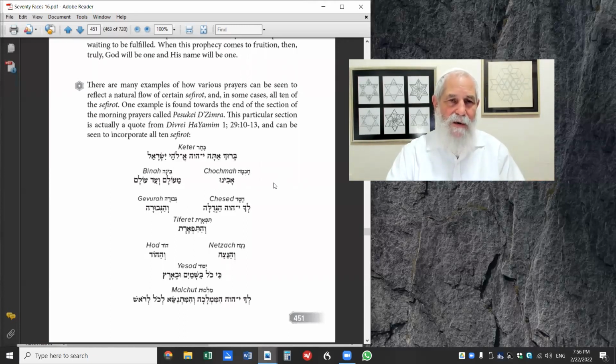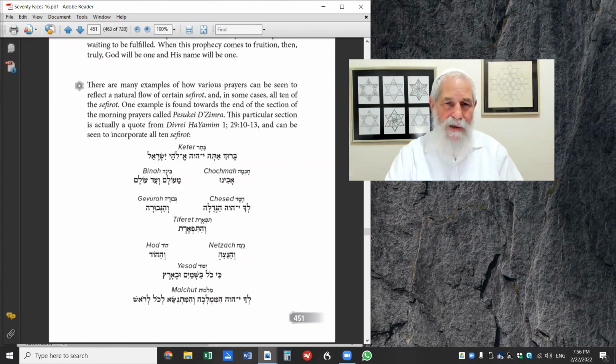Baruch atah Hashem Elokei Yisrael, Avinu me'olam v'ad olam, L'cha Hashem hagedula. I'm going to point out that in the really ancient Kabbalah, Chesed was also referred to as Gedula, the great mitzvah. Chesed was considered the great mitzvah. So L'cha Hashem hagedula, v'hagevura, v'hatiferet, v'hanetzach, v'hahod.